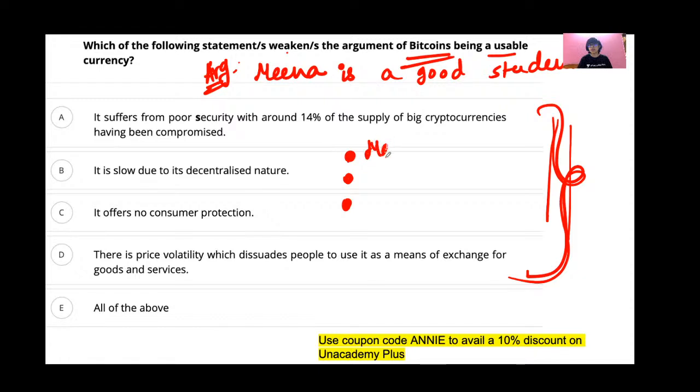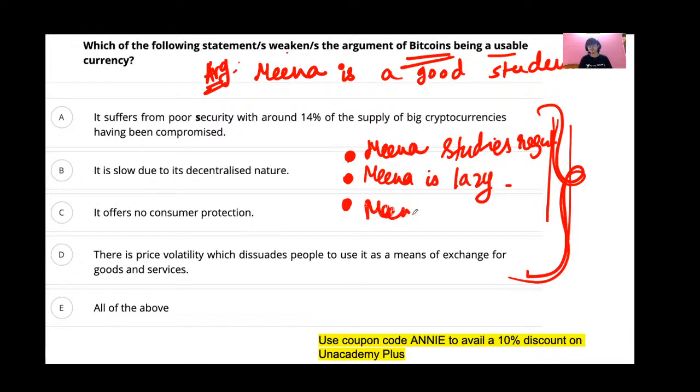If I say Meena studies regularly, this is a point. The second point is Meena is lazy. The third point is Meena is stupid. Now, which of these points will make this statement weak, this statement untrue?